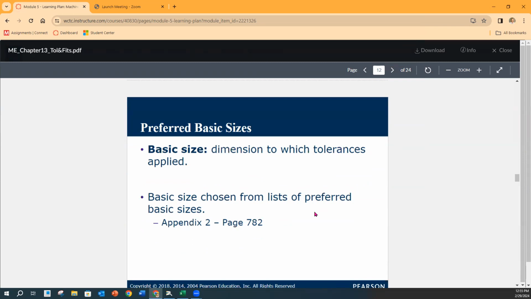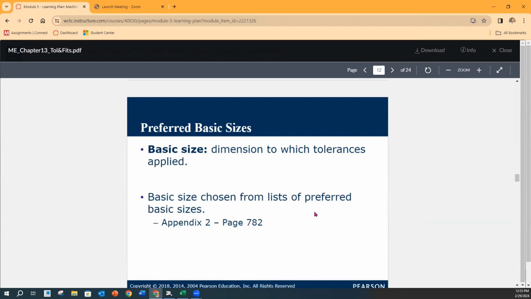The next thing is preferred basic sizes. I've mentioned this as we were looking at our gearbox project, but preferred basic sizes are dimensions for which your tolerances are applied. More importantly, they're dimensions that fall in a place that is part of a standard.